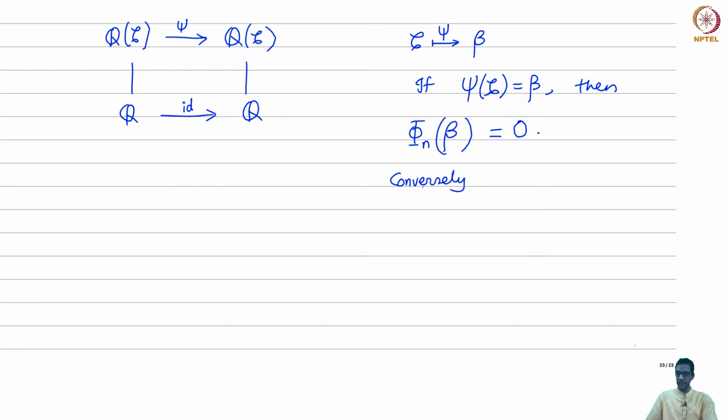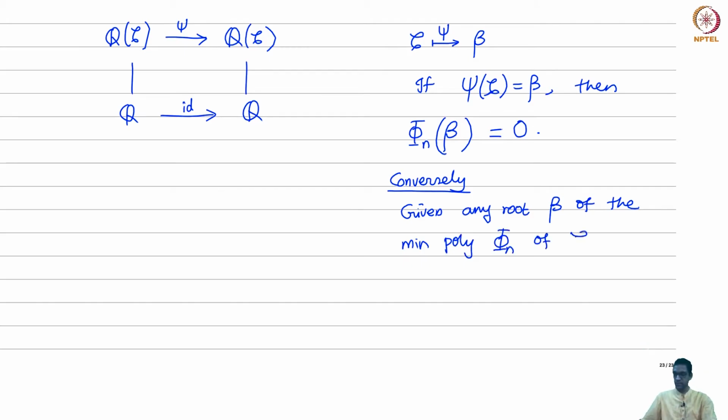Conversely, given any root beta of the minimal polynomial, which in this case is phi_n, there exists an automorphism mapping zeta to beta. These are all facts that we have proved before.